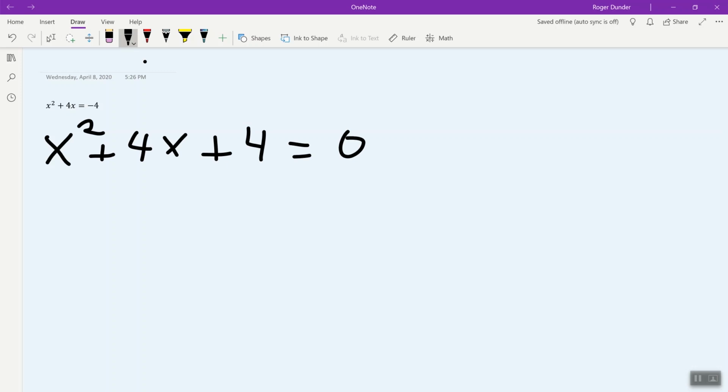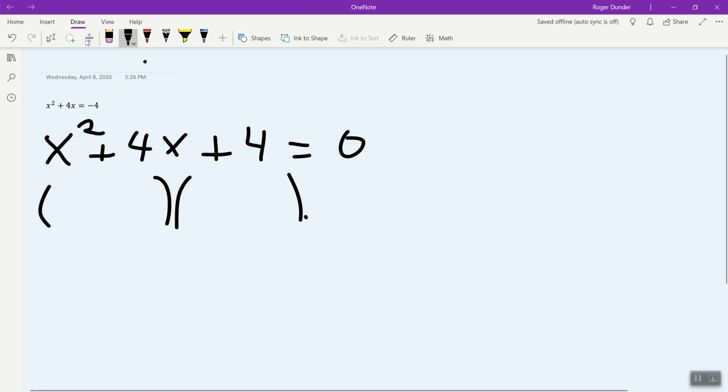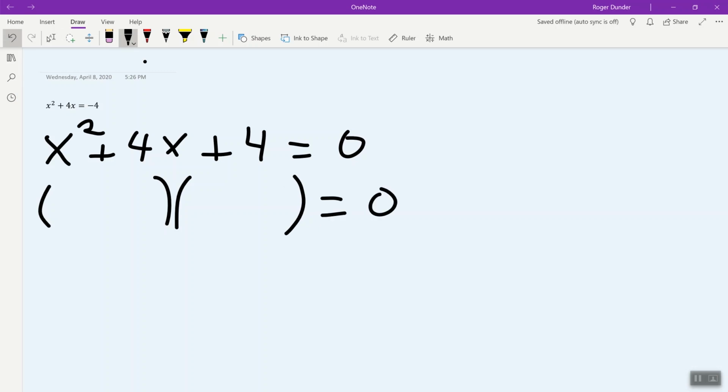Okay. Now, I think you can see that this would factor. Hopefully you could observe that it would factor. Let's just try to do that. Although you were asked to solve by graphing, not by factoring. Notice how this would work.